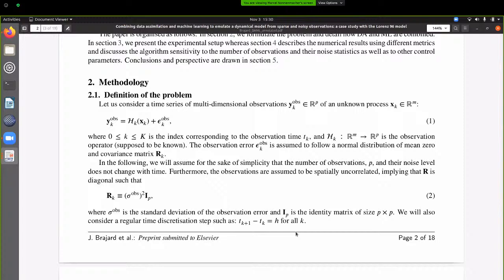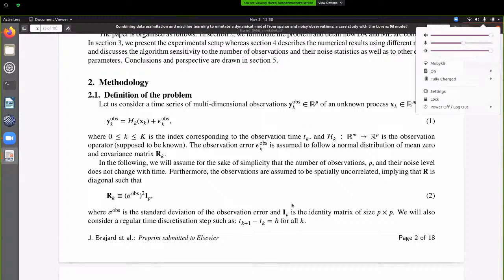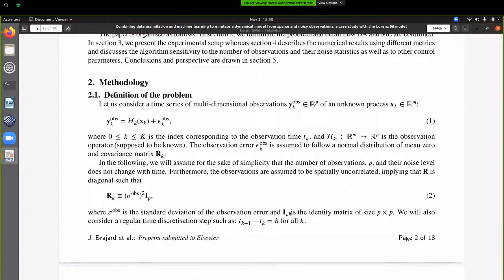For me, this choice of H is a little bit surprising because, as someone dealing with observations, I would say that the simplest H model would be just the identity operator. You assume that the observations are contaminated by observational error, but that's it. That would be the most simple and perhaps obvious H operator.